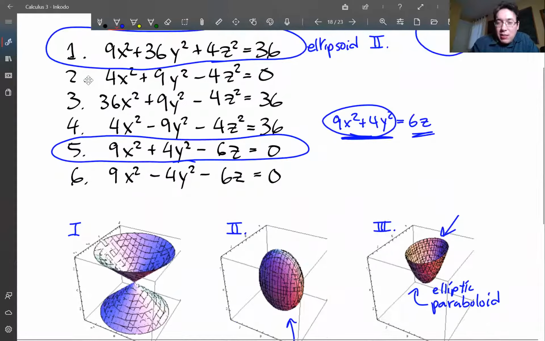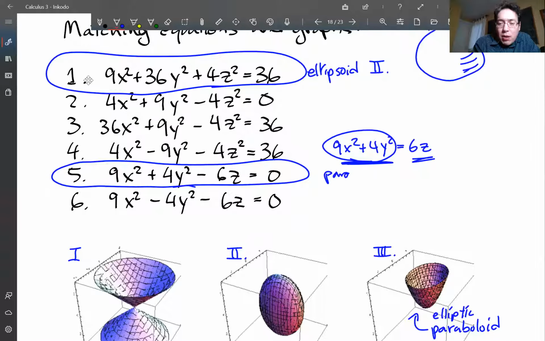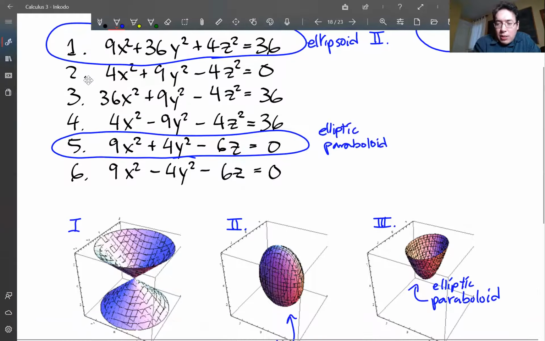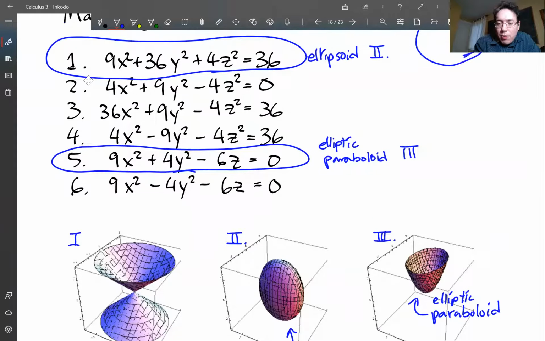So this is paraboloid, or elliptic paraboloid. And that's picture number 3.